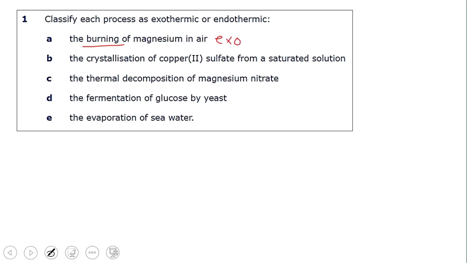Part B is crystallization of copper(II) sulfate from a saturated solution. In this process, we start from the saturated solution and change into crystals, the solid state. So liquid is changing into the solid state.